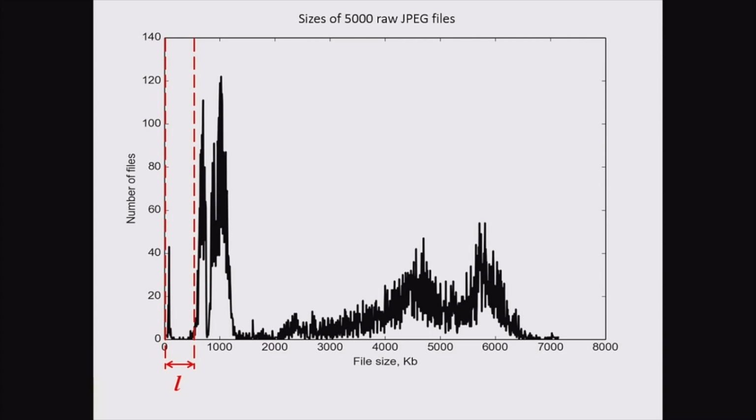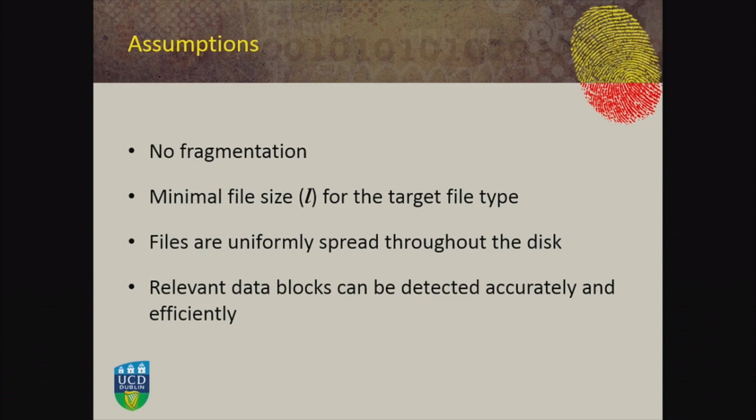And then we did some small-scale simulations to try and understand which data blocks on the drives are most likely to contain relevant data. So we made the following simplifying assumptions: first of all, there is no fragmentation on our drive. All files that we are looking for are at least L disk blocks in size. Files are randomly, uniformly distributed through the disk space.